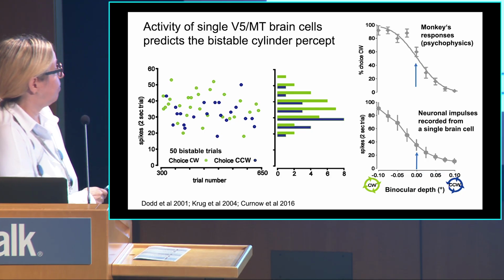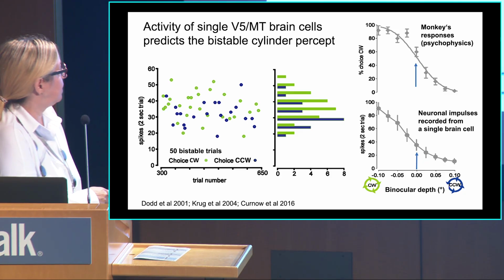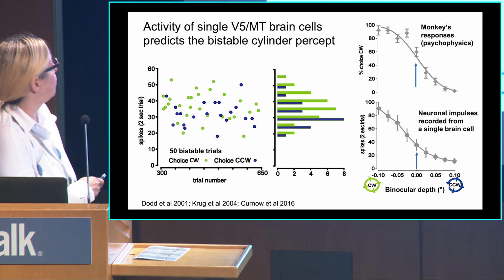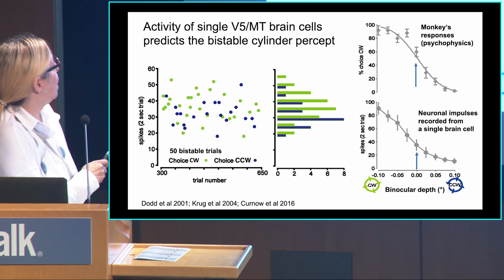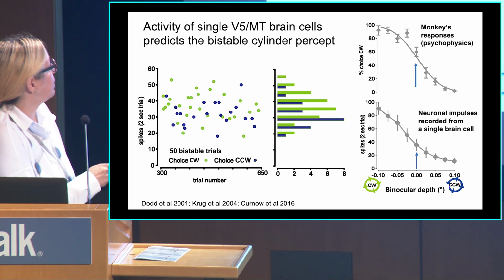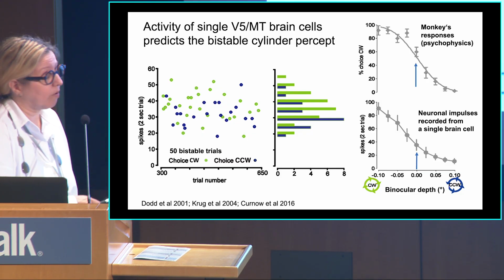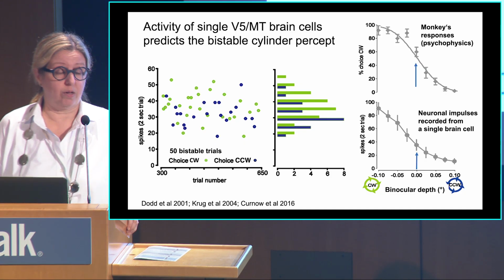So this is the data from a single cell. This is the trial number. These are only the 0 disparity trials, the bistable ones, and we plotted spikes per the 2-second trial, and you can see the preferred choice here in green and the null choice in blue, and you can already see in the marginal histogram that there's a clear difference trial by trial.